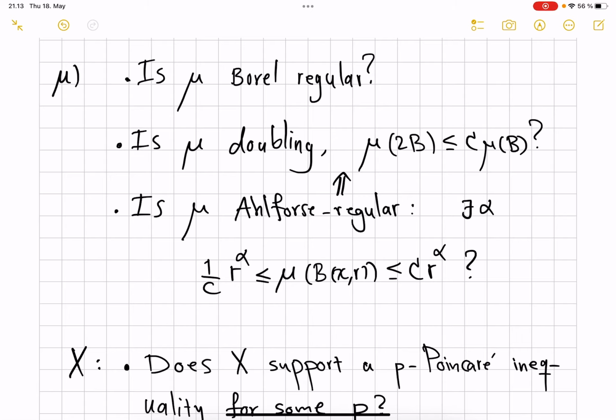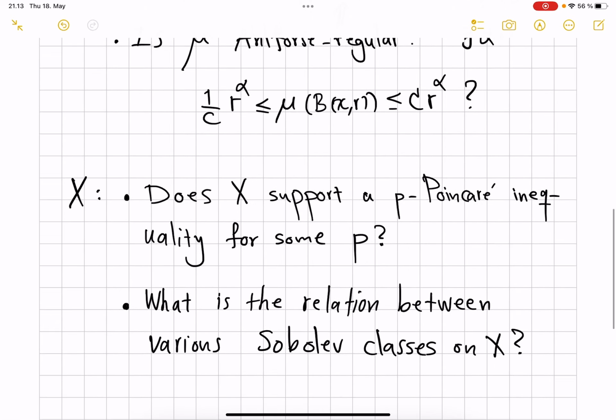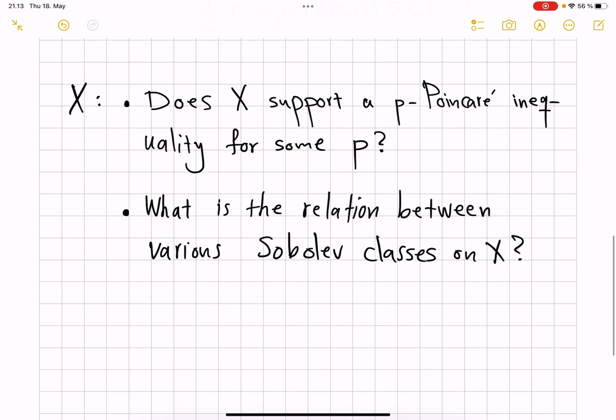Now you have your space with the metric and the measure. You can ask whether your space supports a p-Poincare inequality for some p. And once we learn about different classes of Sobolev functions, you can ask whether these classes are equal, they coincide, or is there strict inclusion?